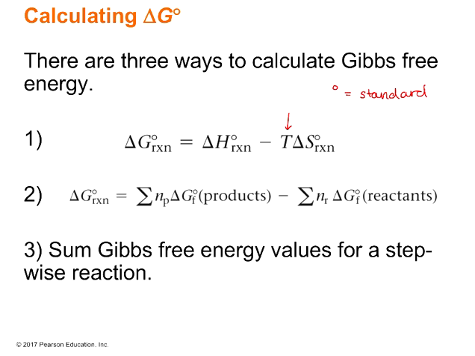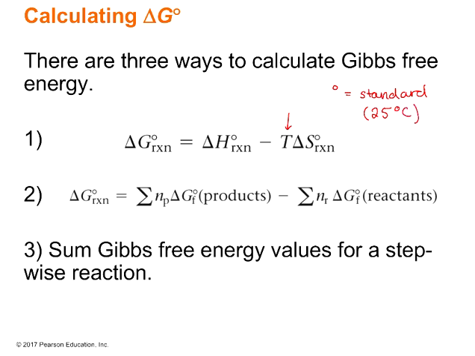Now, remember from our last lecture, we talked about what standard means. So typically, under standard conditions, measurements are made at about 25 degrees Celsius. So let's just put in parentheses here, 25 degrees Celsius.